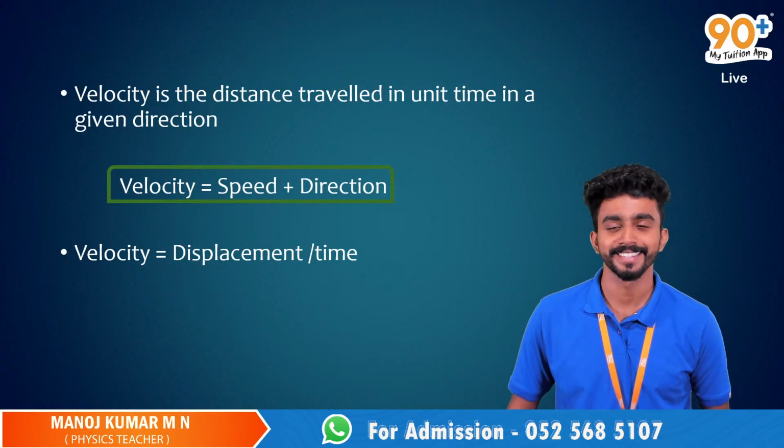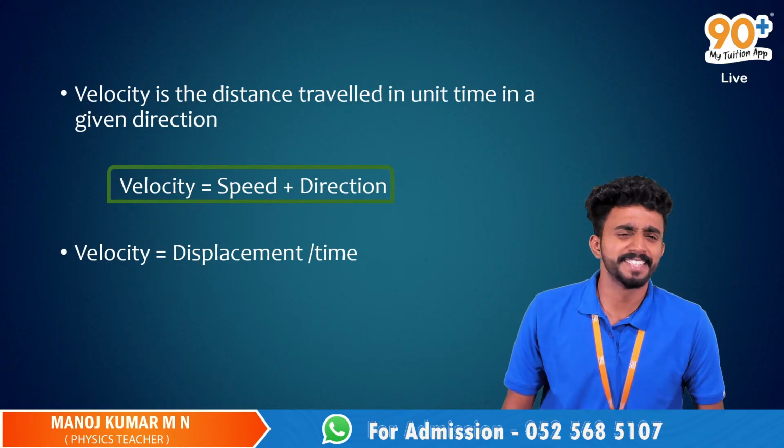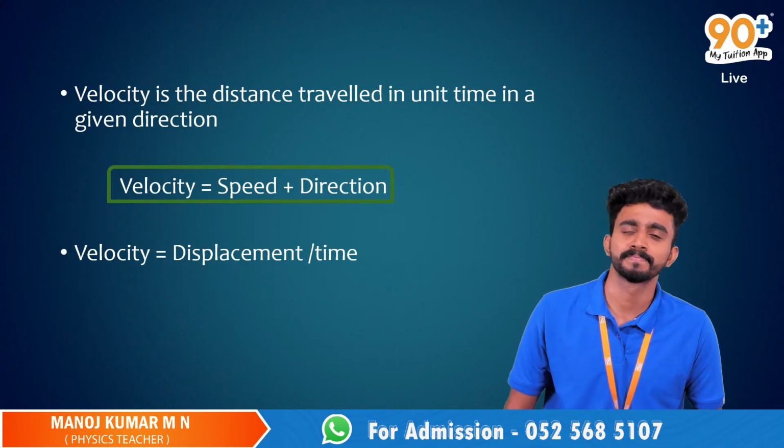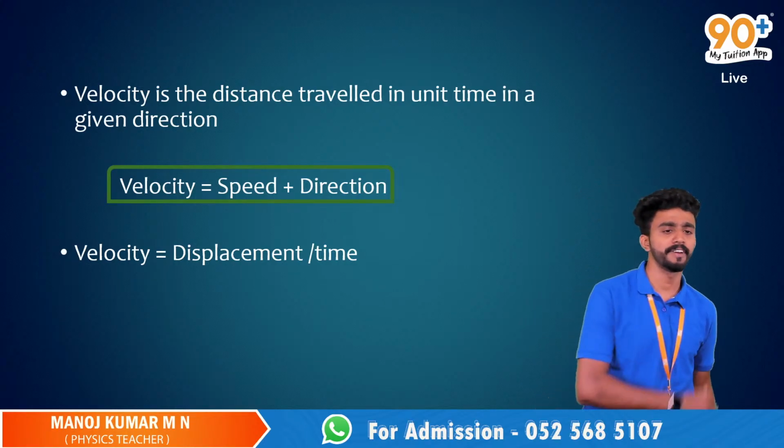Velocity is like speed plus direction, speed with direction. What is the basic difference between velocity and speed?